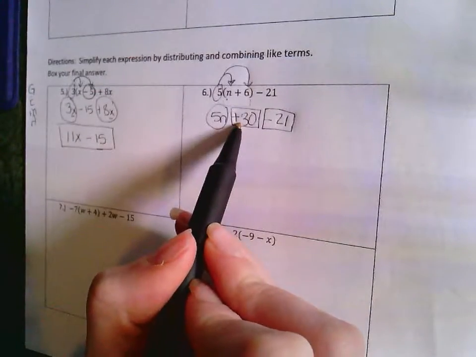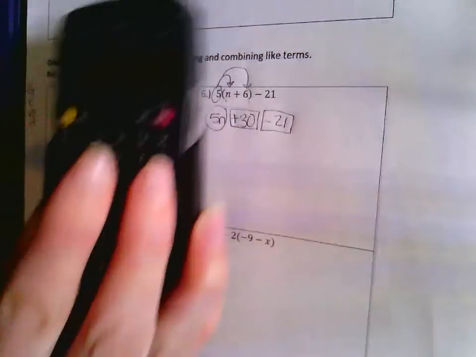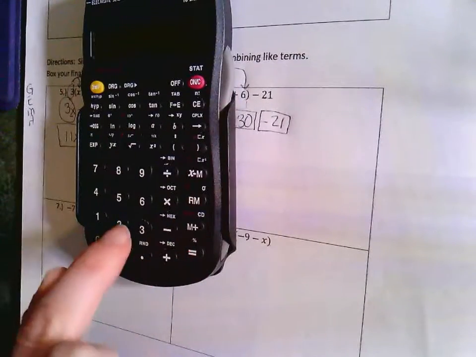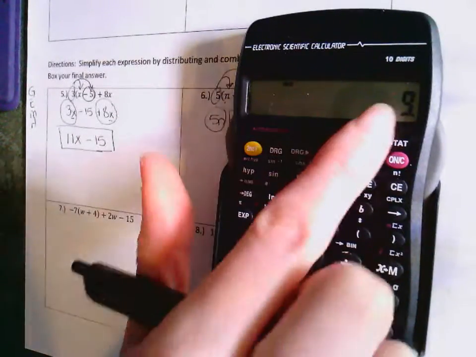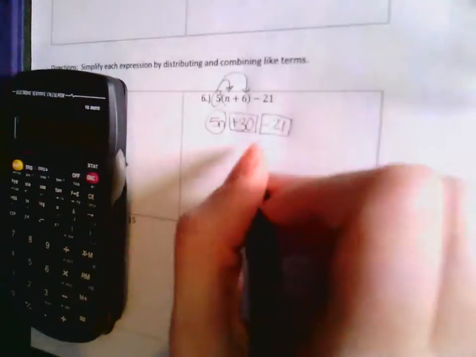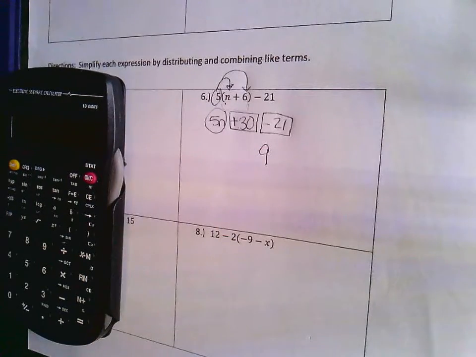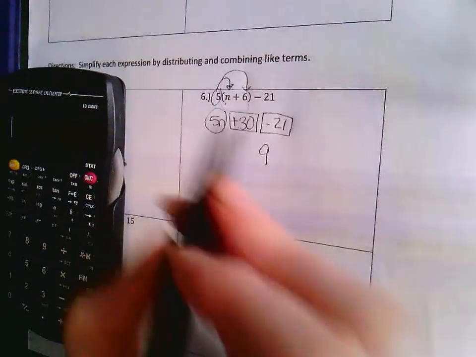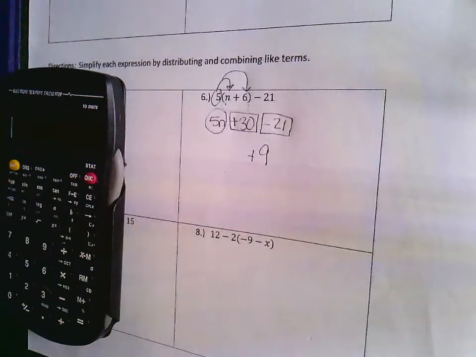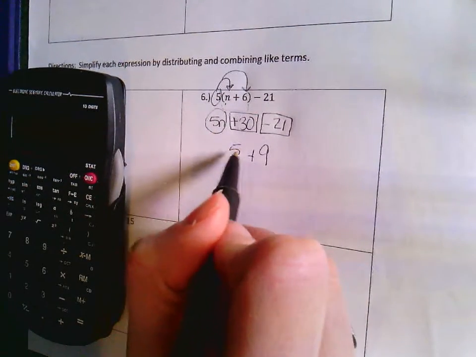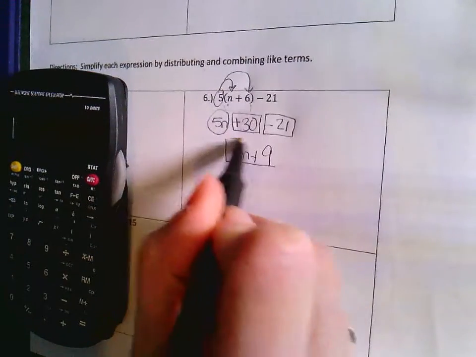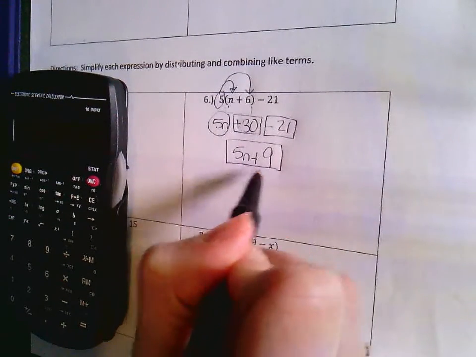So I can add 30 minus 21, equals 9. So I have 9 without any variable. But it's positive, so I can put my plus. I still have this 5n left over, so it comes down, and that is my final answer because I cannot combine n and 9.